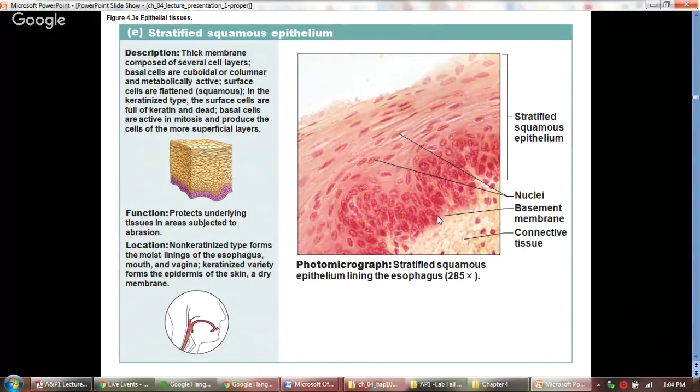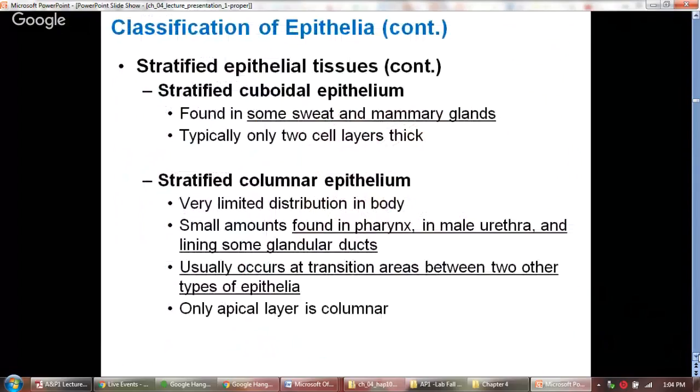You would see more cuboid-shaped cells at the bottom, and as it moves on, the cells get more flattened, and the top cells would be much more keratinized. The non-keratinized types are found in most linings of the esophagus, mouth, and vagina, and the keratinized type is found in the epidermis of the skin and also the dry membranes.